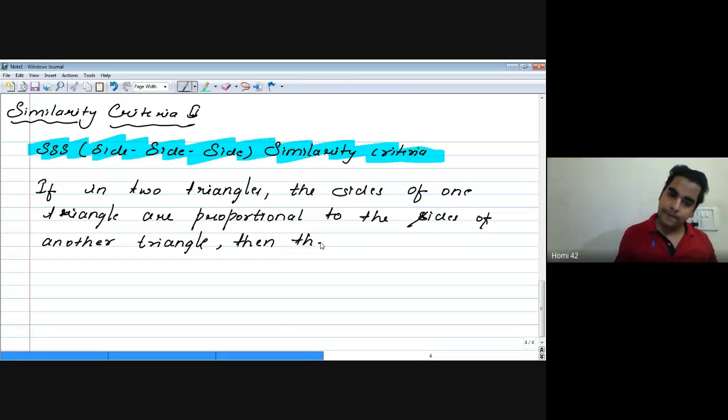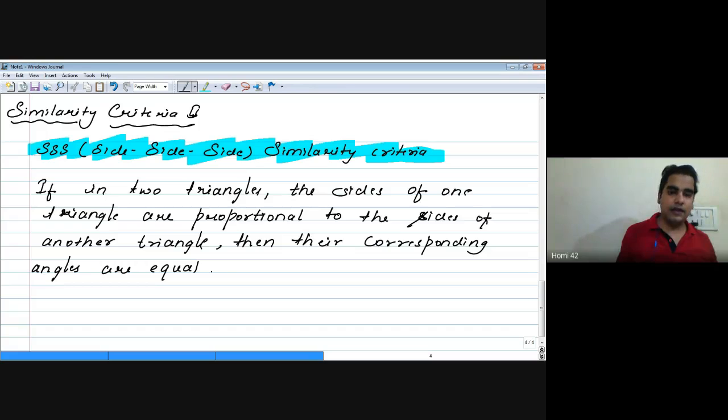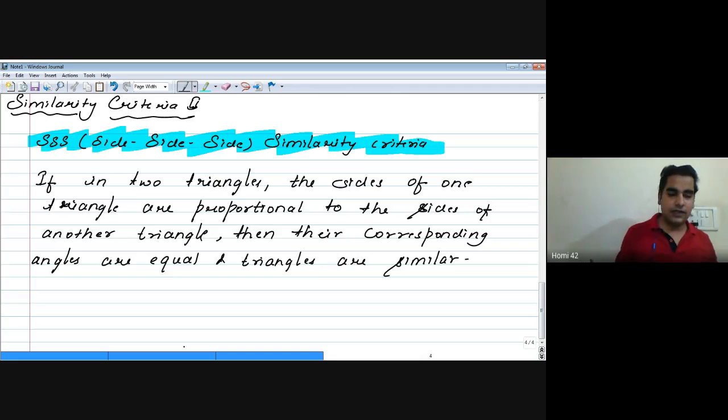Then their corresponding angles are equal, and triangles are similar. Okay, so please note this statement so that I can move to the next page to make you understand this.